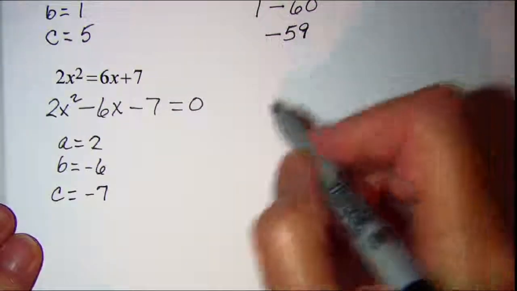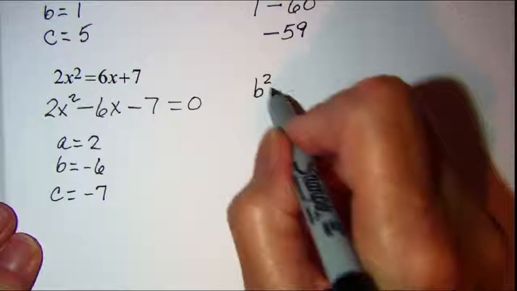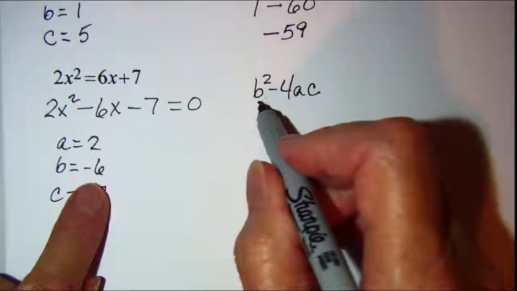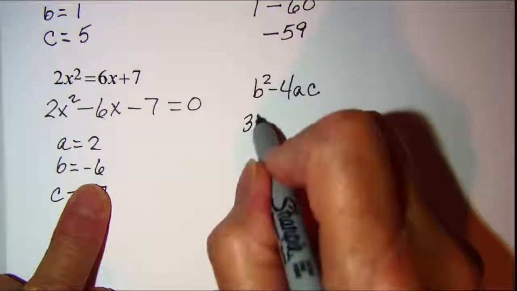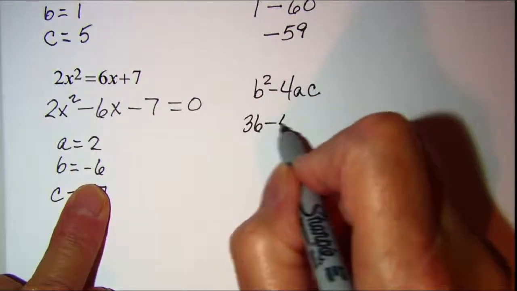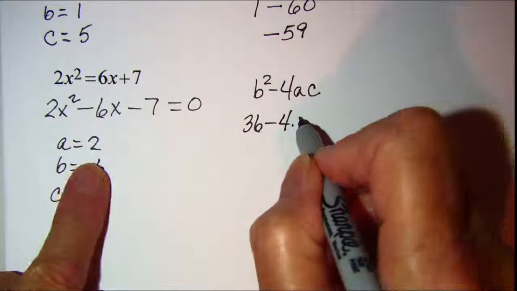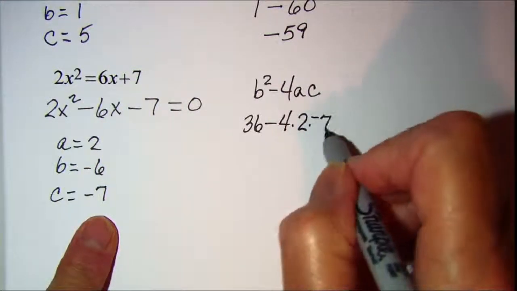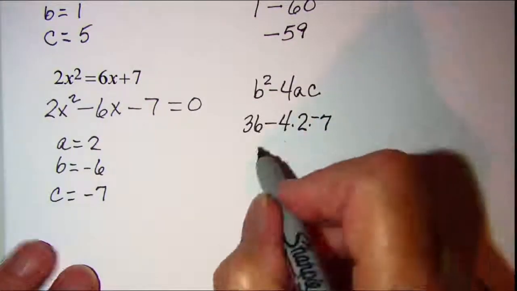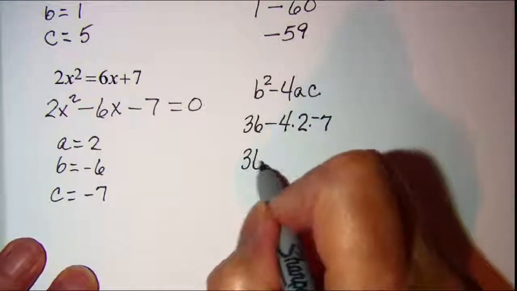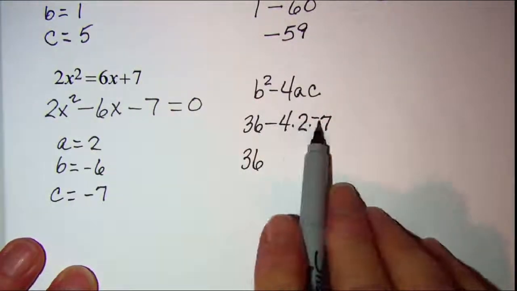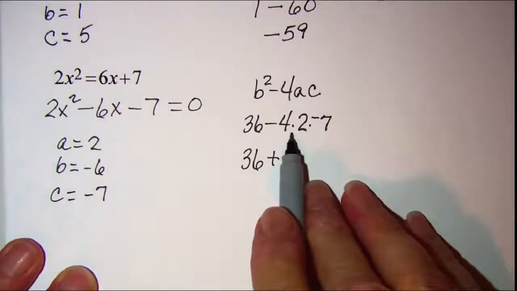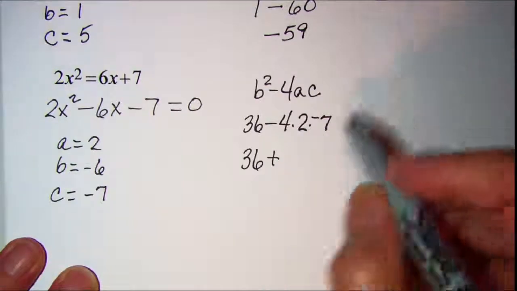And so my discriminant, b squared minus 4ac, is negative 6 squared, which is 36, minus 4 times a, which is 2, times c, which is negative 7. So here I have 36. I have two negative signs multiplied together, so plus 56.